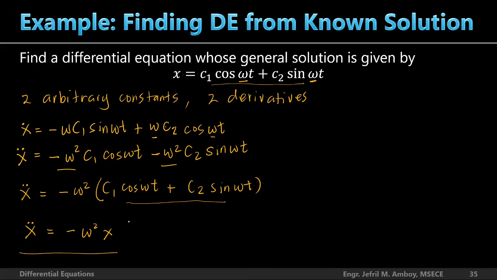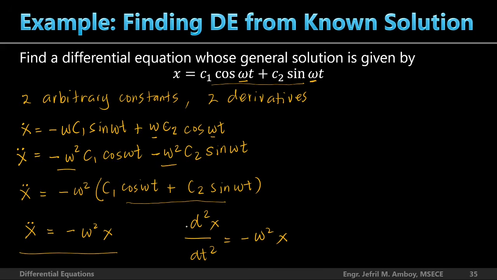If you want to write this in terms of derivatives, where you can clearly see the dependent variable, I can write this as d squared x over dt squared equals negative omega squared x. Now, if you will recall, this differential equation may look familiar.